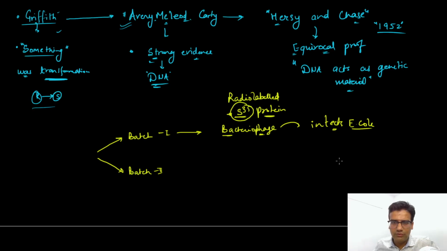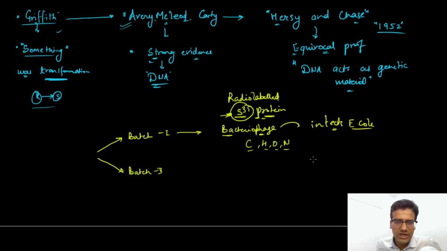The major elements of a protein and DNA are carbon, hydrogen, oxygen, and nitrogen, and these are similar in both protein and DNA. So they radio-labeled with S35 because some amino acids contain sulfur, and sulfur is unique for protein.